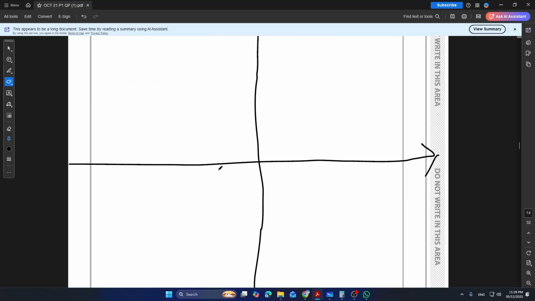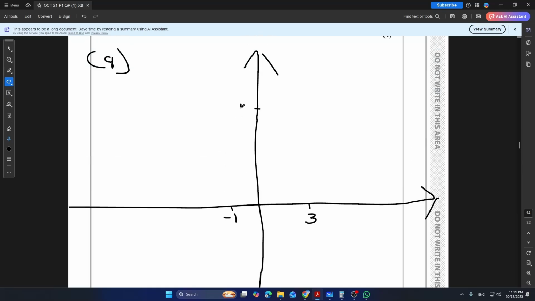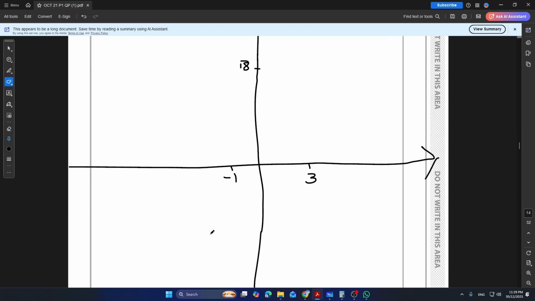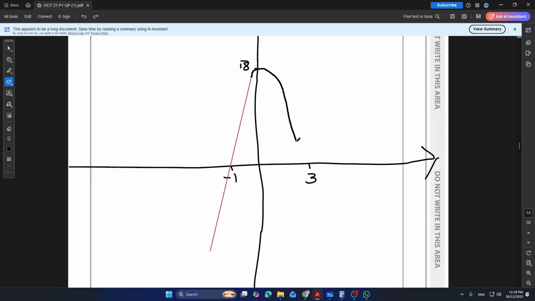So the line will cross the y-axis at 18. How to draw? Well, we know the points it will cut: minus 1, 3, and 18. So I'll draw a line like this, not the most accurate, and I will take my pen, come here, and it's going to touch like this, and come back up.